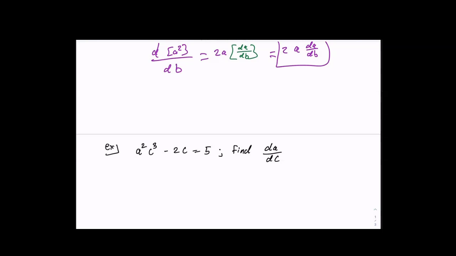Okay. Now, this technically is the same type of problem that you've been doing. This notation says that A is the dependent variable and C is my independent variable. So A is like Y and C is like X.